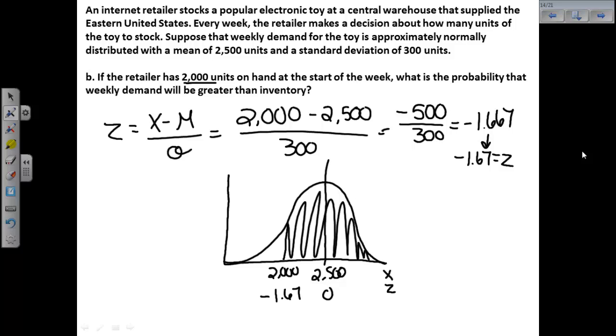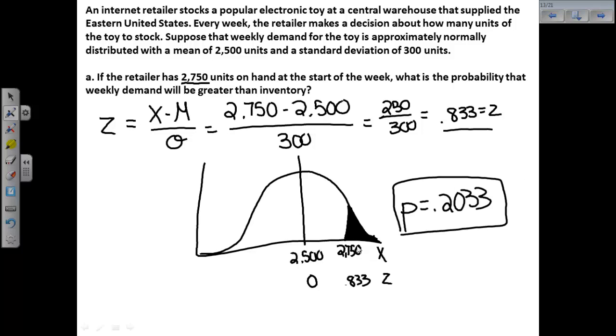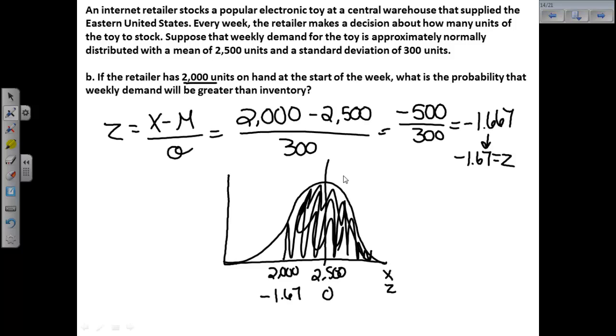Now we're looking at a body because our inventory is much smaller than the mean, whereas before we had more than the mean, and so we were looking at a tail. It's going to be less likely to run out when you have more units, whereas if you have fewer units, it's going to be more likely to run out. You're going to have a higher probability or more of this distribution shaded in. It's going to be a body.